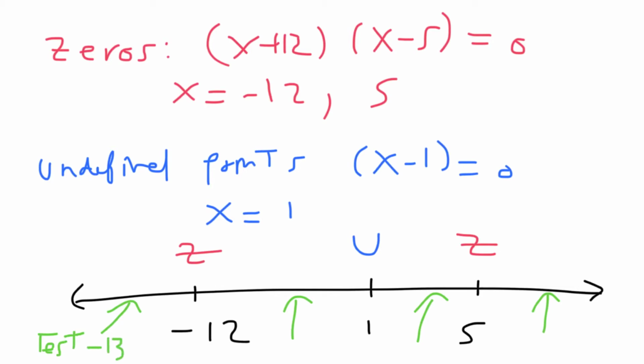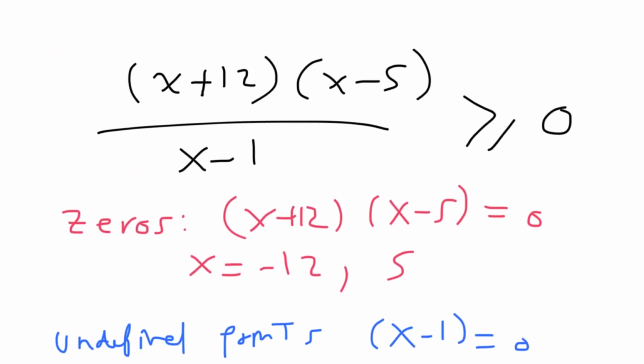In this case, you need to substitute into the original inequality itself. Imagine this is -12, and this is -12, and this is -12. This bracket here will become negative, because it will be -12 minus 1, which is negative, right? And this would also be negative, and this will also be negative.